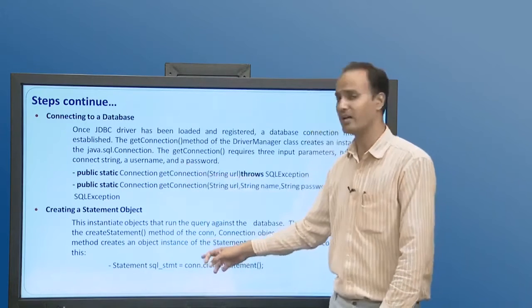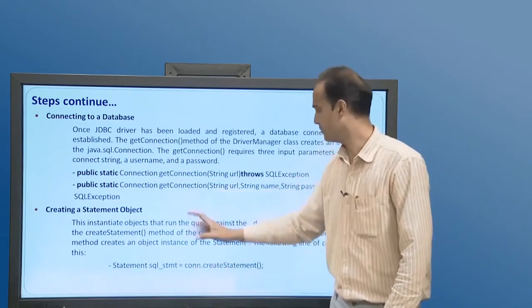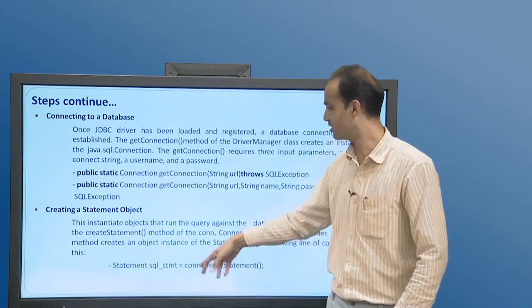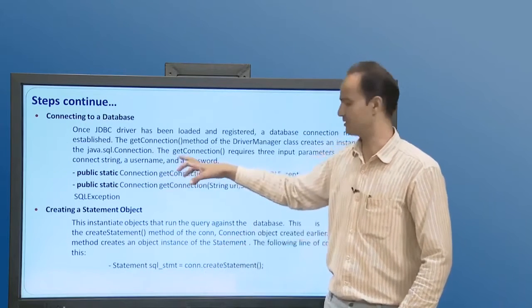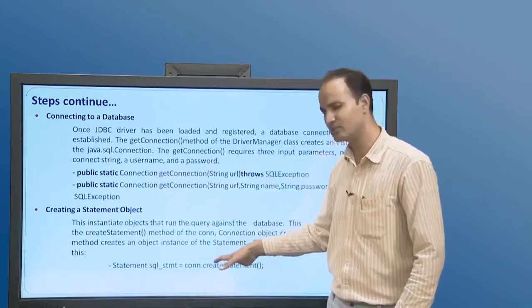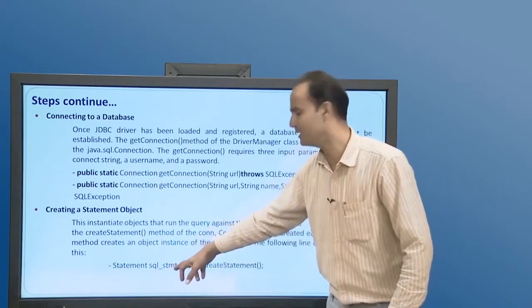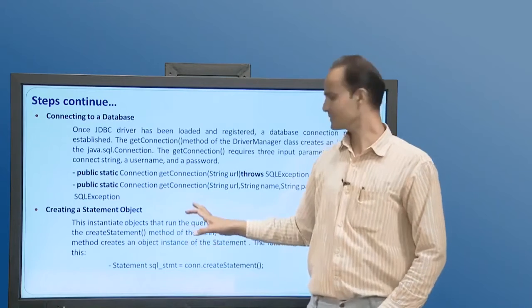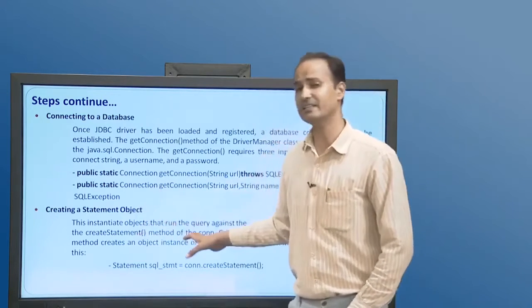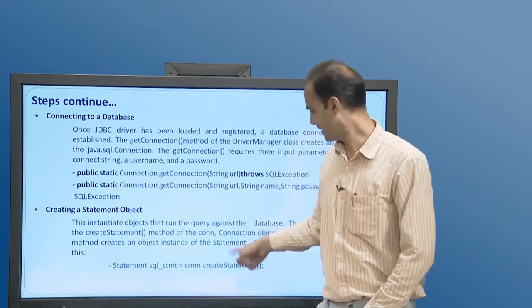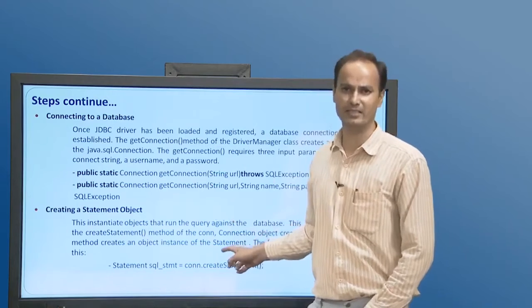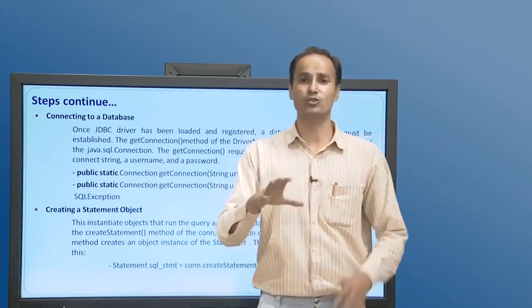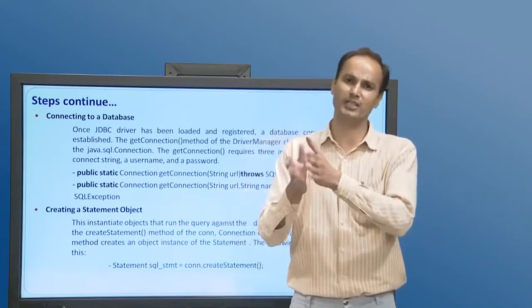The connection instance helps us to create a statement using the method createStatement. The createStatement method is a method of the Connection interface. Once this method executes, it will return us the Statement instance. So we are creating the Statement instance using the connection's createStatement method. Once this executes, we have a Statement instance to fire the query to the underlying database.